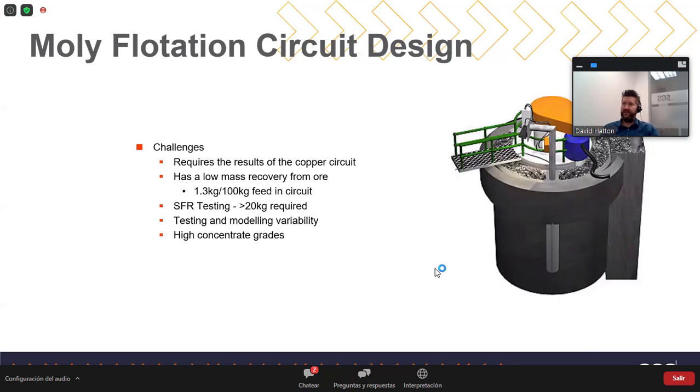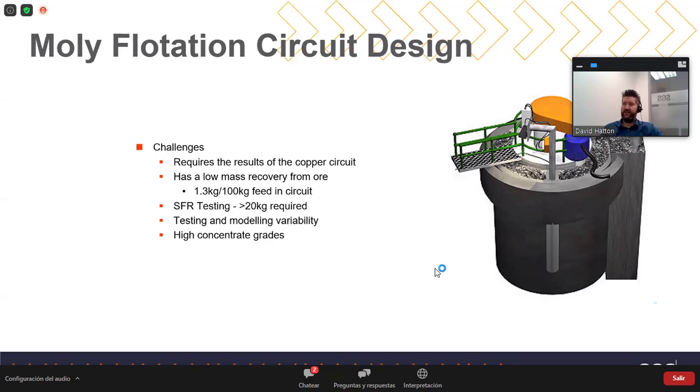Okay, so very briefly into the moly flotation circuit design. As I mentioned before, this has a lot of challenges in generating enough concentrate or enough material to start your moly test work. As an example, if we had an existing plant and we had 100 kilograms of feed, we'd get around about 1.3 kilograms of concentrate.